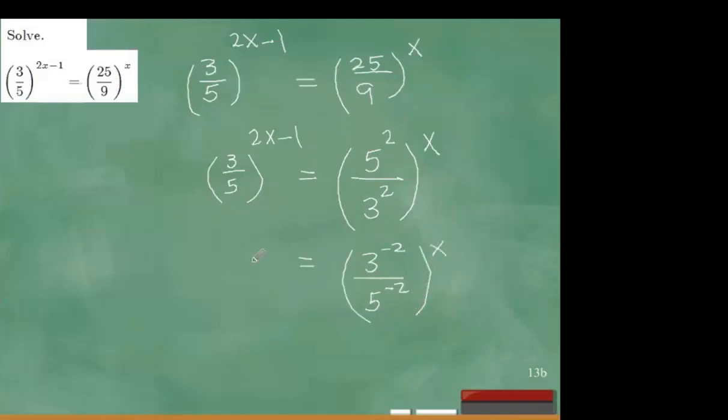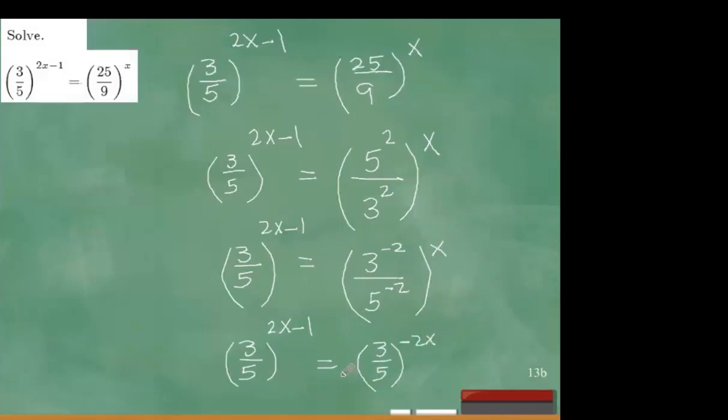We're getting a lot closer to having the same base. On the left-hand side, I have 3 over 5 as my base. On the right-hand side, I have 3 over 5 to the power of minus 2, and then to the power of x. There we have it.